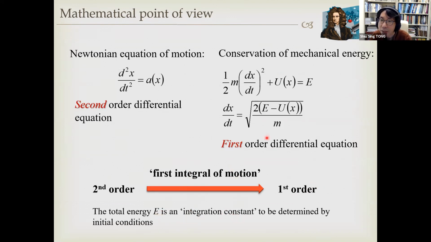It appears as the total energy. The total energy is the initial condition you specify at the beginning. At the beginning of motion, you specify the total energy of the system. That is one of the initial conditions. So E is actually the integration constant, okay? Effectively, an integration constant of this motion.